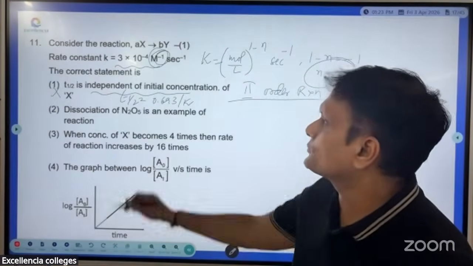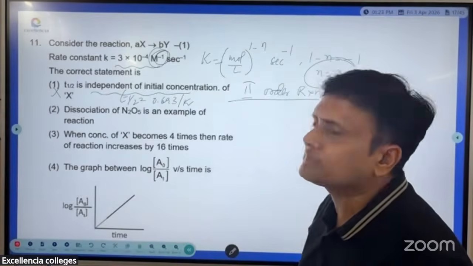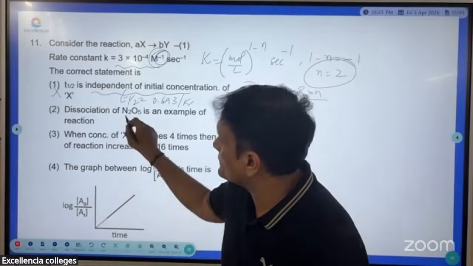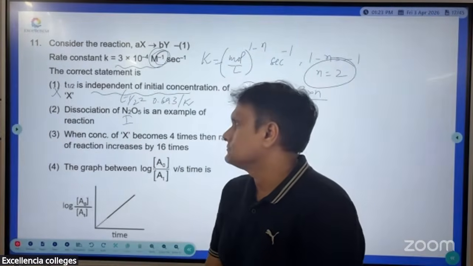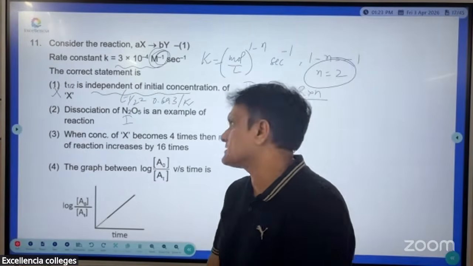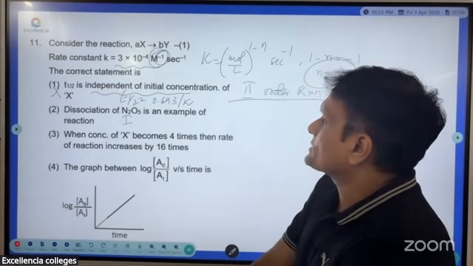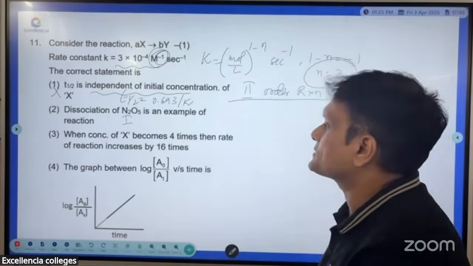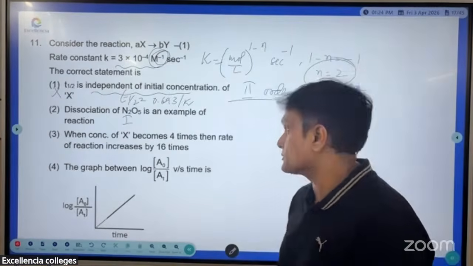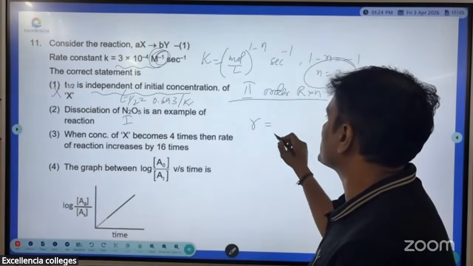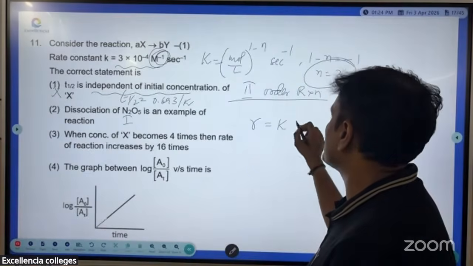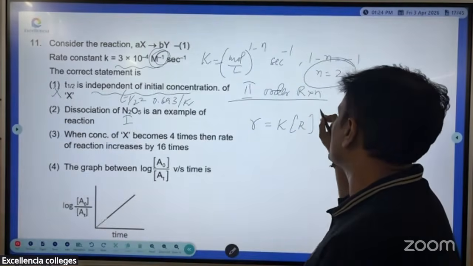Alright. So dissociation of N2O5 is an example of this reaction. This is wrong again because this reaction follows first order. Alright. Now let us take option C. When concentration of X becomes 4 times, then rate is increased by 16 times. Yes, this seems to be all right. Because when you write for a second order, rate is equal to some constant into concentration of reactant, whole power 2.